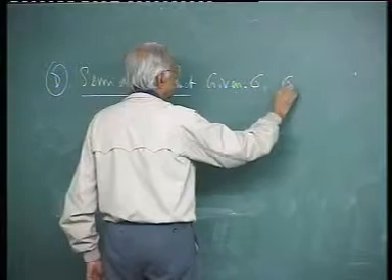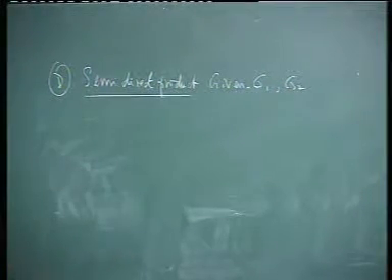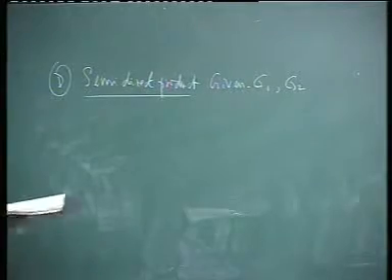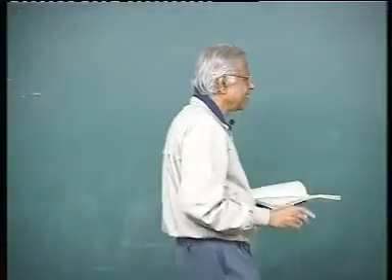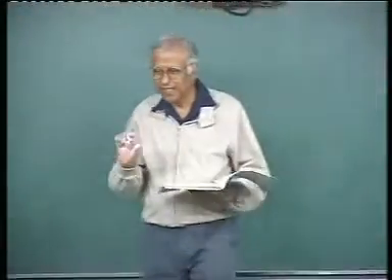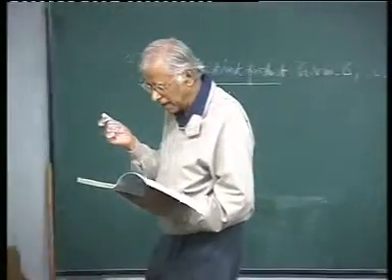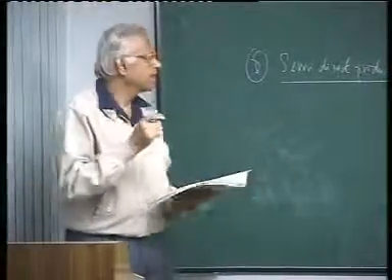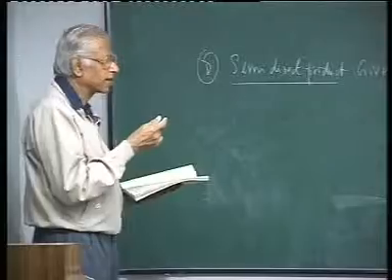A group G1 and a group G2. The construction of a semi-direct product goes like a direct product, but at a certain point you put a twist into the construction.